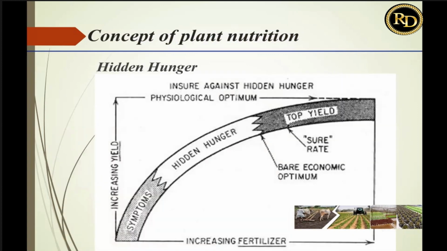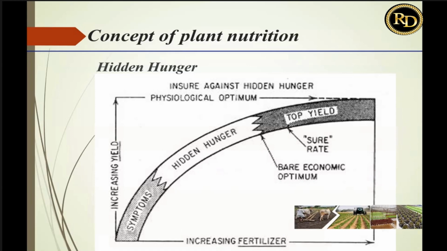Another basic principle for any kind of nutrient management is hidden hunger. What is that? Hidden hunger is, as the name suggests, the hunger which is hidden, meaning you, as a grower, are not able to see that hunger.